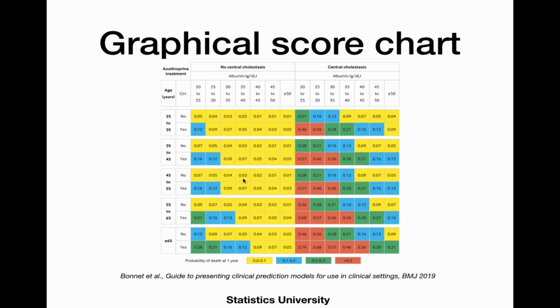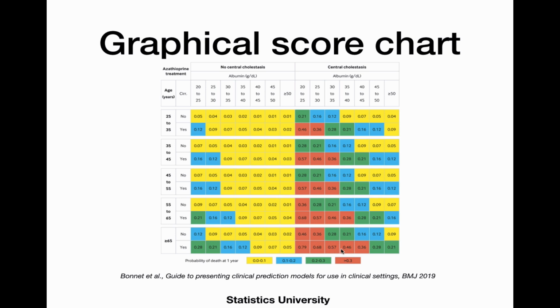And the benefit here is that you can work with colors and exact numbers. So, for example, we can read off in this box that the probability of death at 1 year is 0.03, but we can intuitively see that it is yellow. So that means that it falls in the low risk category of probability of death at 1 year between 0 and 0.1.